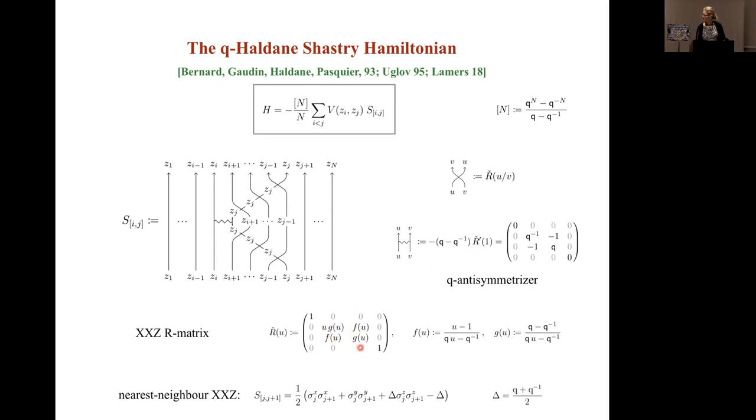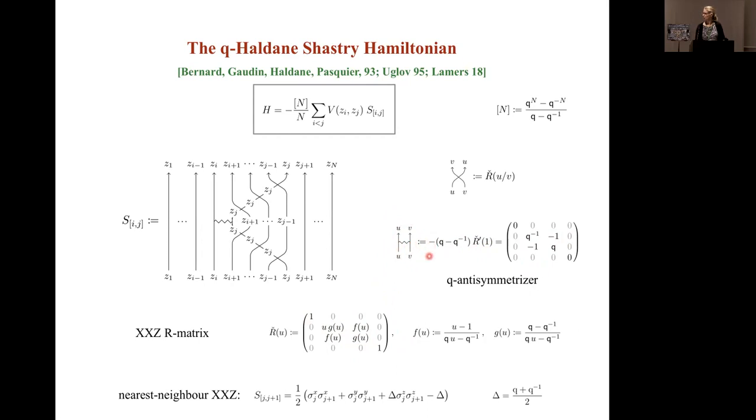So the value of R-check at u equals 0 is just a permutation. And then the derivative, properly renormalized, gives the q antisymmetrizer, which is symbolized by this kind of symbol.